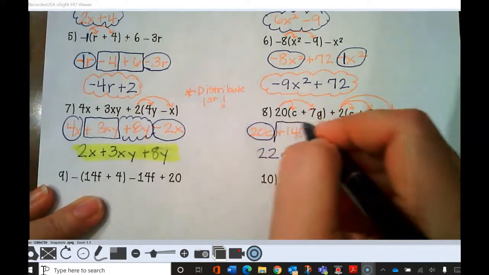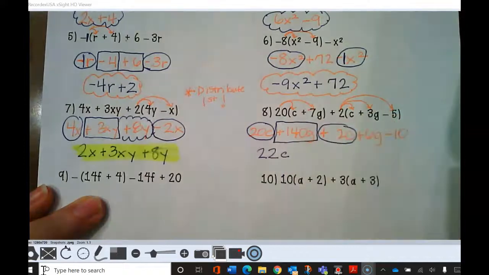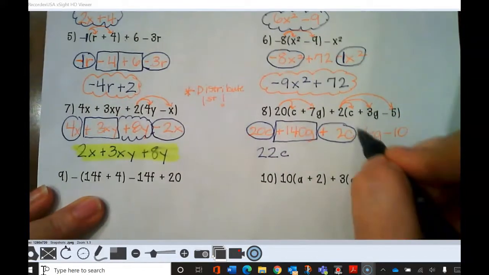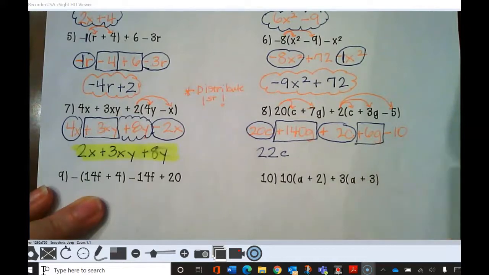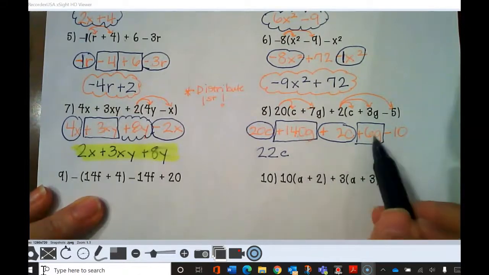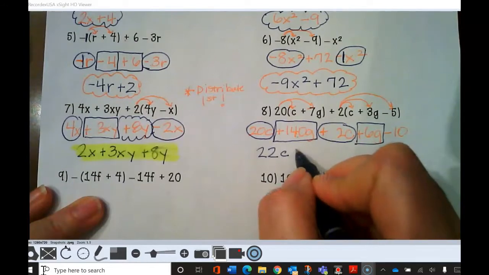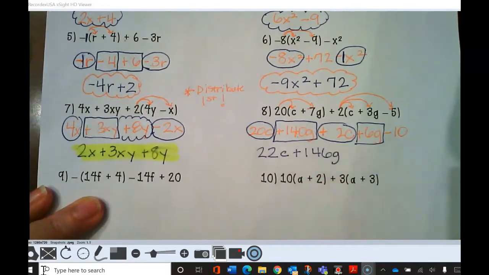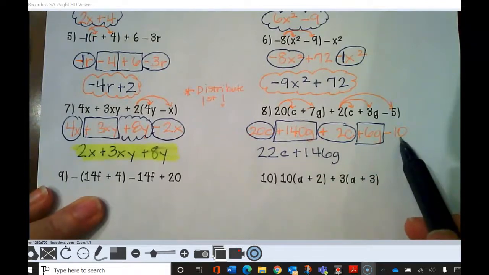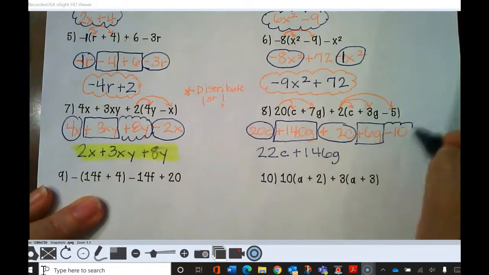Next term is a positive 140g. These are g's, so I'm going to put a rectangle around that one. Those are not g's. So 140 plus 6 is a positive 146g. And the last term in our problem is a negative 10.